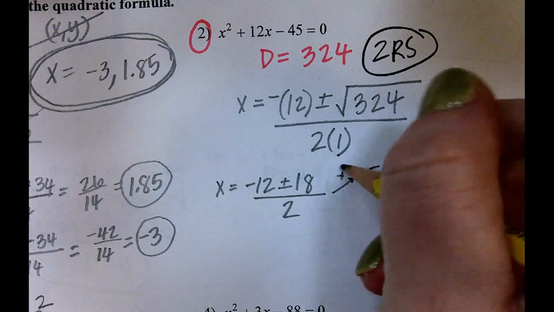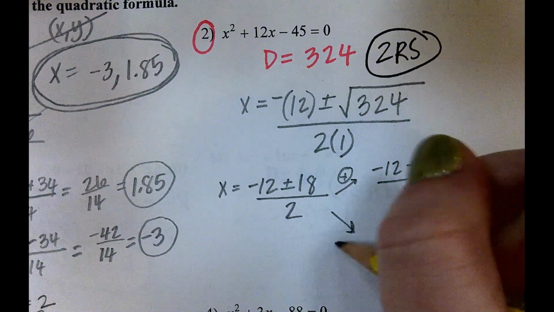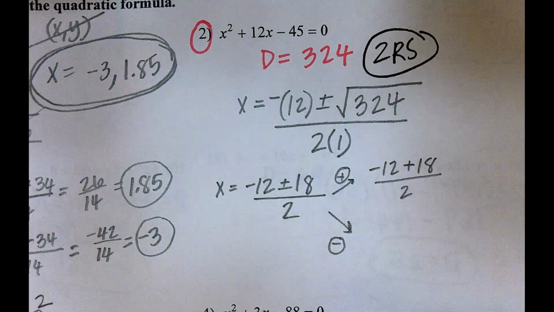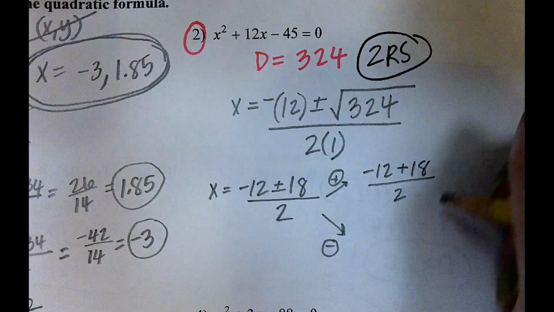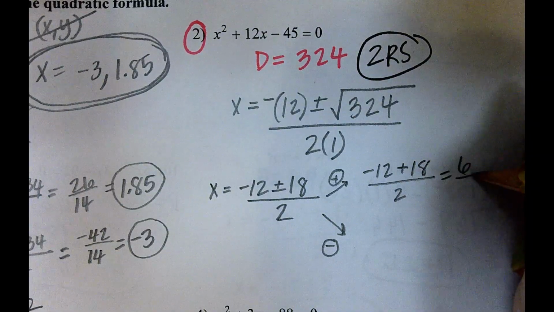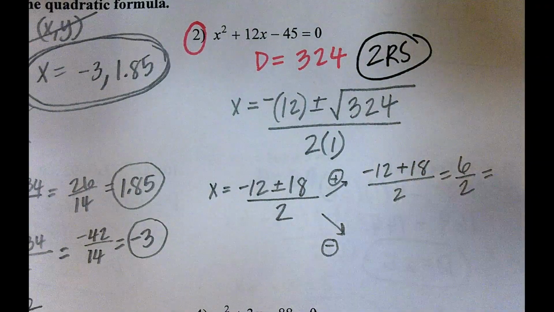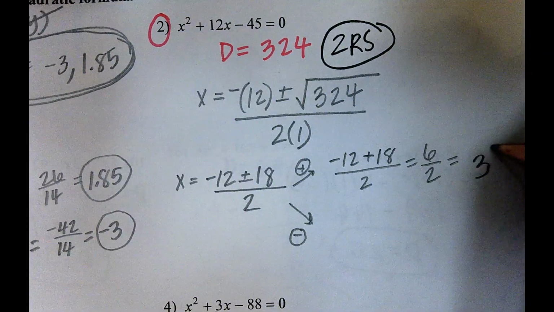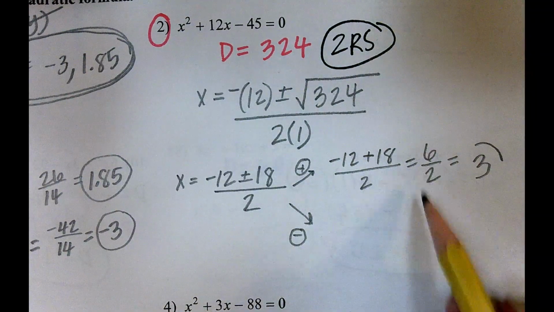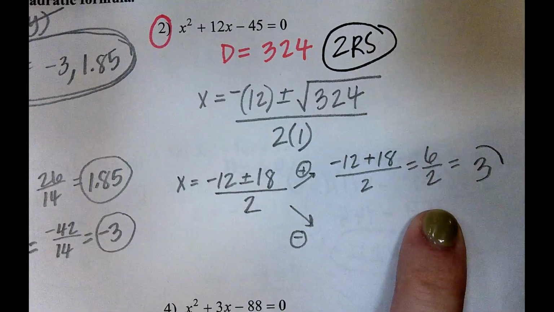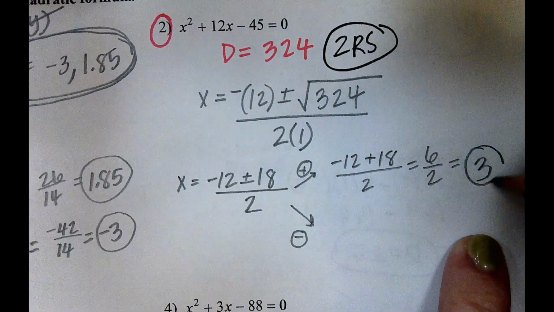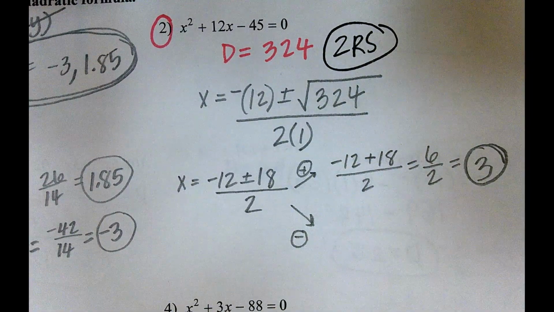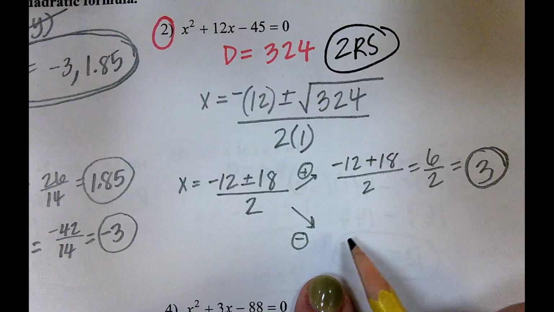Good. 6 over 2. Yes. Negative 12 plus 18 is 6 over 2. X equals 3. Good, good. We got it. X is 3. Now the other one.